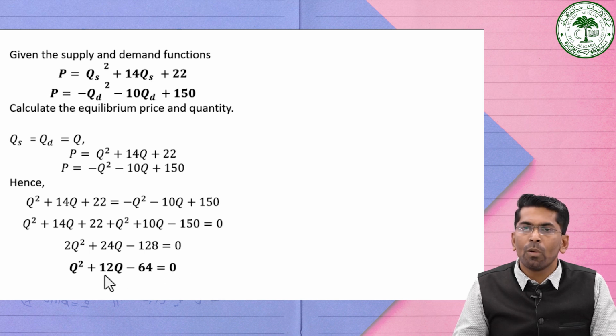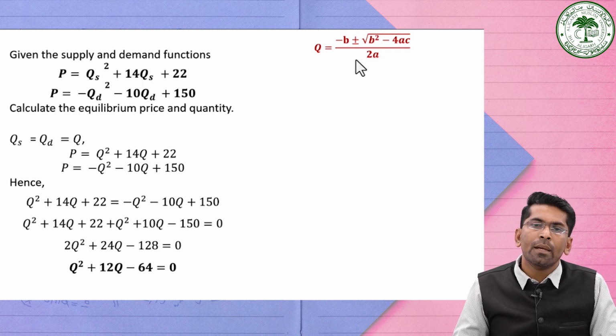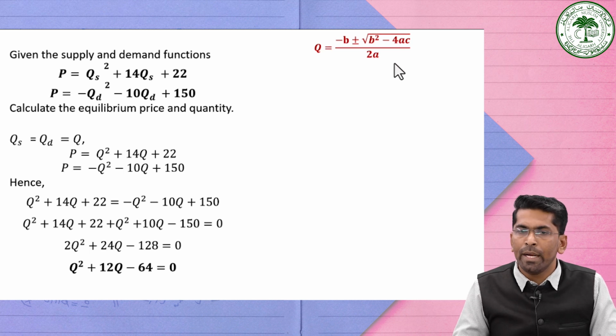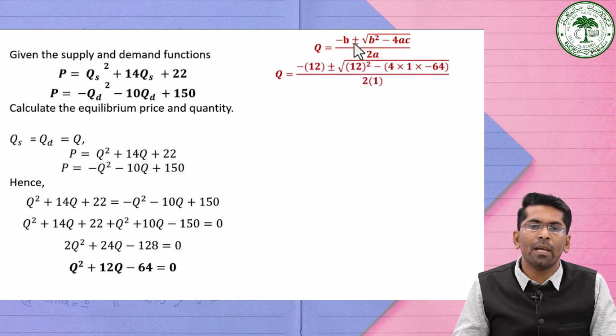Now this is a simple quadratic equation. We can solve it using the quadratic formula, that is minus b plus or minus the square root of b square minus 4ac, divided by 2a. Here a is equal to 1, b is equal to 12 and c is equal to minus 64. So we substitute everything.